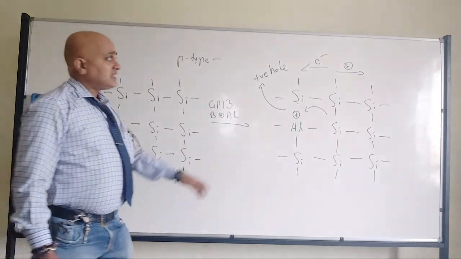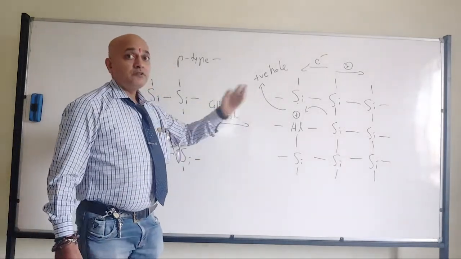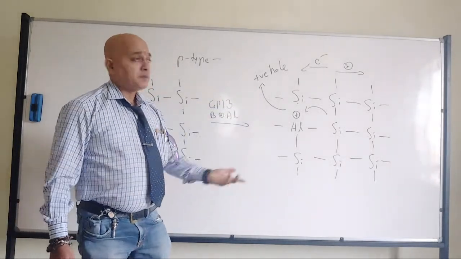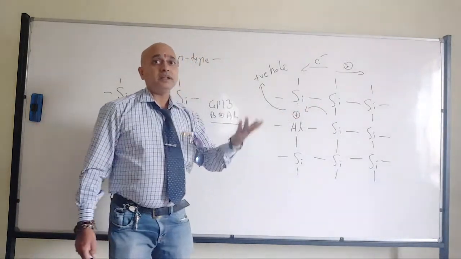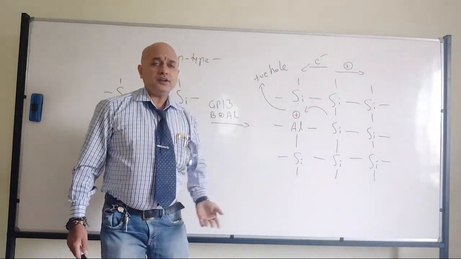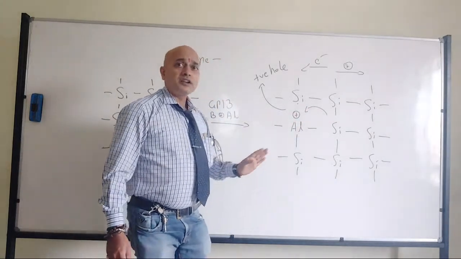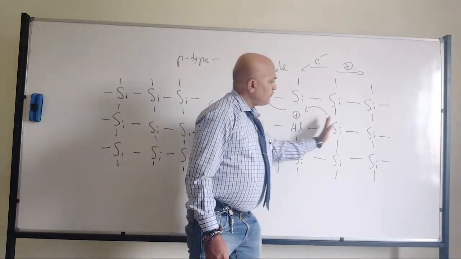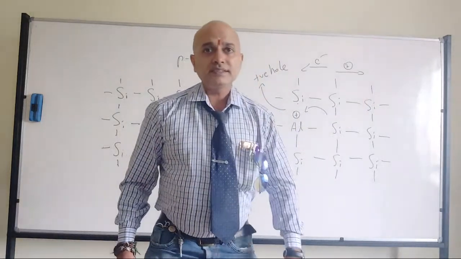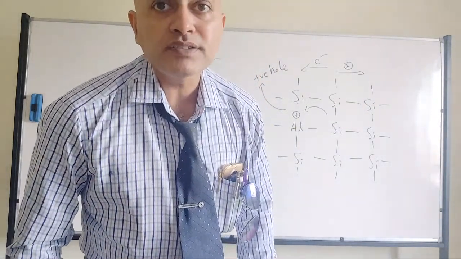Since there is a movement of electron, which we cannot observe actually because there is no negative charge created due to the movement of electron, still it looks like there is a movement of positive hole.